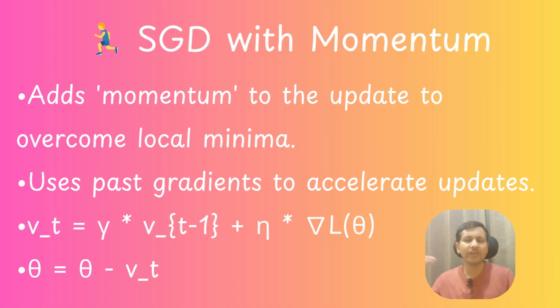So the product of learning rate and the gradient of the loss function is replaced by velocity, which accumulates our past gradients. This is an improvement given to SGD.